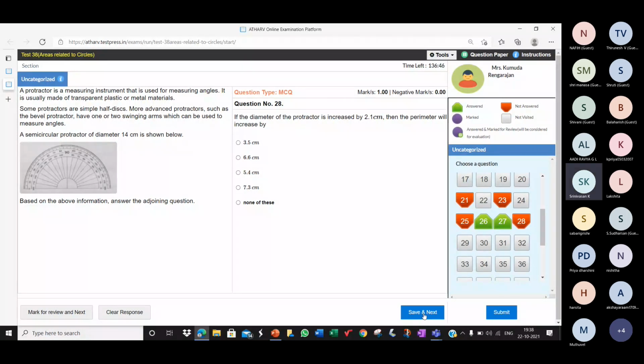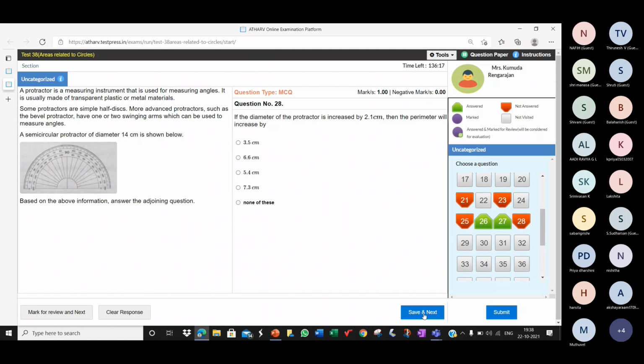Okay, fine. So children, I'll tell you what you have to do. The original radius is 7 centimeters. The original diameter is 14. The new diameter will be 16.1 because the diameter is increased by 2.1, or you can take the radius increase as 2.1 by 2.